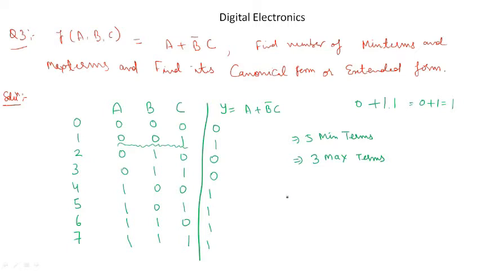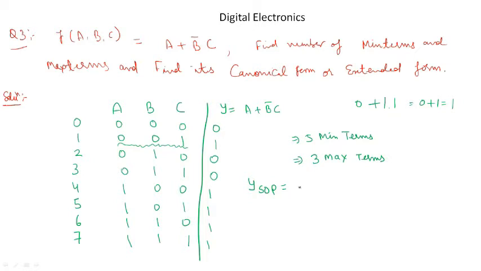It can be written by the SOP form or by the POS form. So first I will write the SOP form. SOP form is the form where we obtain the output 1. So we can write the SOP form for the truth table, which has 5 ones as output.